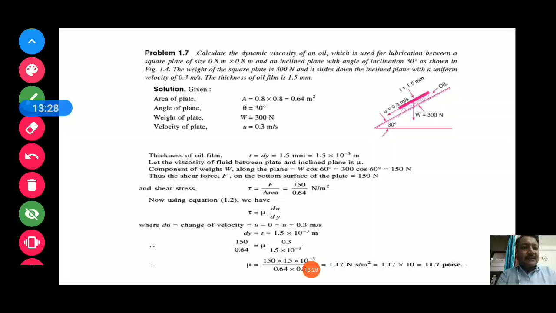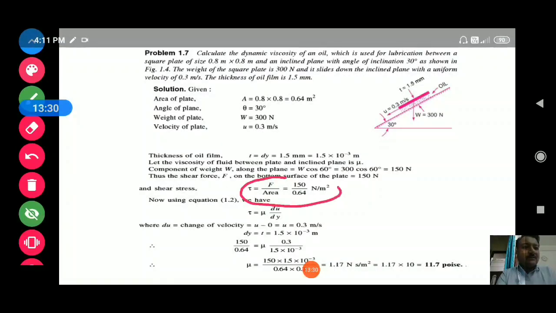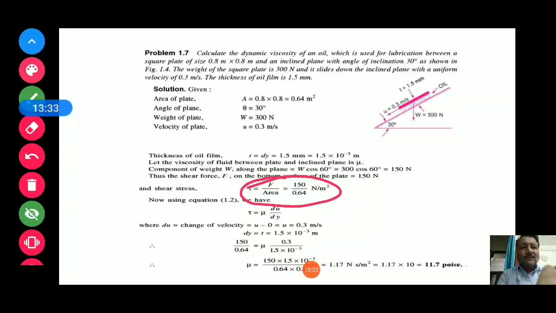Shear stress tau is equal to force divided by area, that is shear force 150, area 0.64. So the answer is 150 divided by 0.64 Newton per meter square. Now the next step is to use Newton's law of viscosity, that is shear stress is equal to mu du by dy.